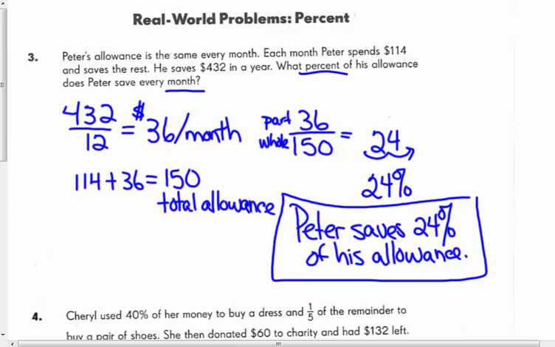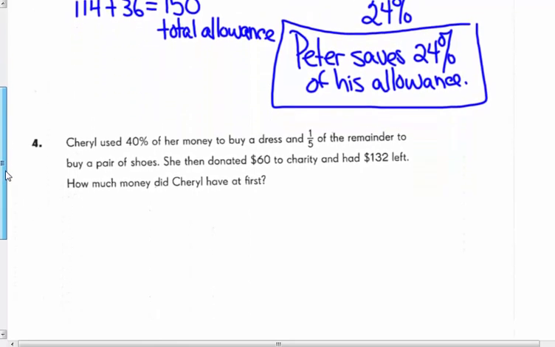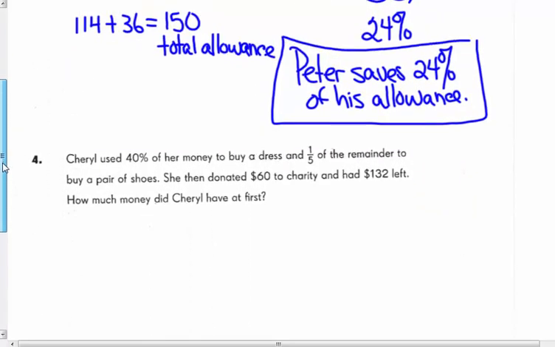Lots of steps involved in that one. First, I had to figure out how much he saves every month. Then I had to get his total for the month, because what he spends is not the total. And then finding the part over his total to get the correct percent. If you're not sure of that, make sure you ask me questions tomorrow in class.